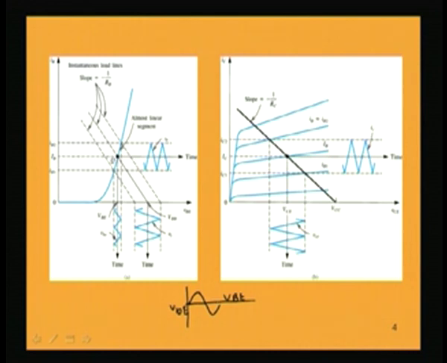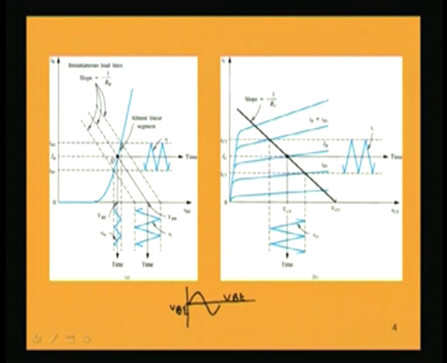So, the instantaneous voltage between base and emitter, starting from the DC value, will rise above the DC value when the signal is in the positive half cycle and fall below the DC value when the signal is in the negative half cycle. So, the instantaneous base to emitter voltage will be like this.